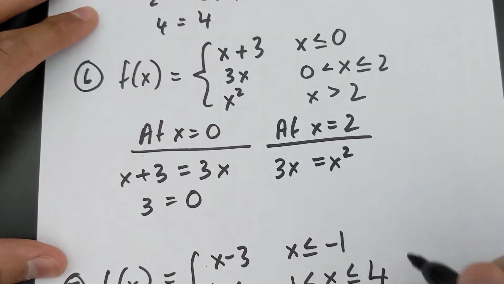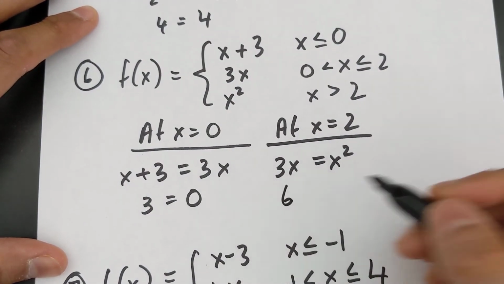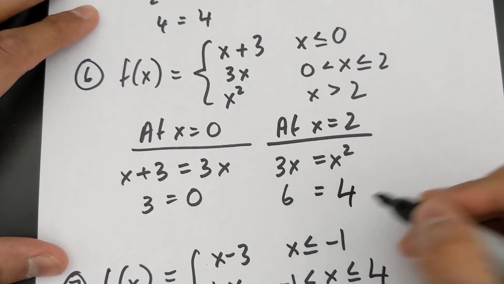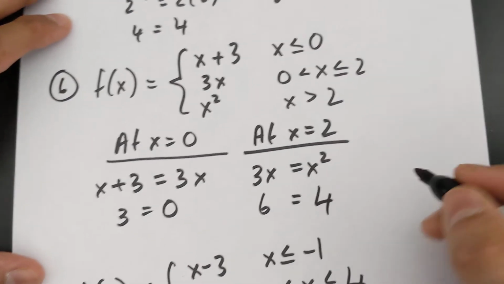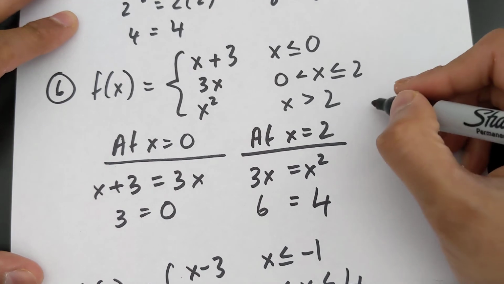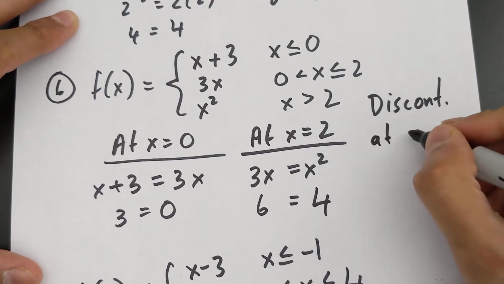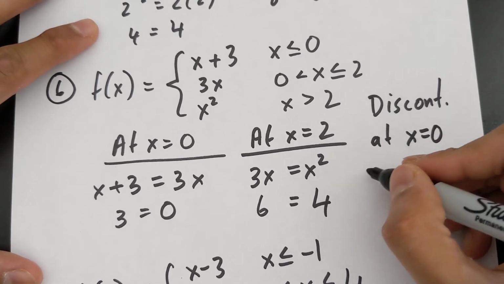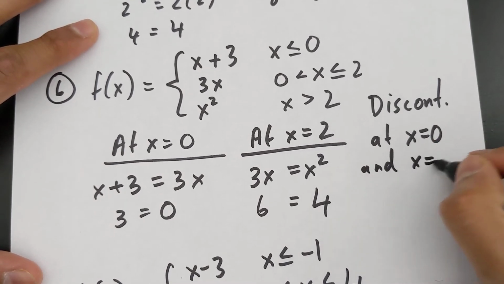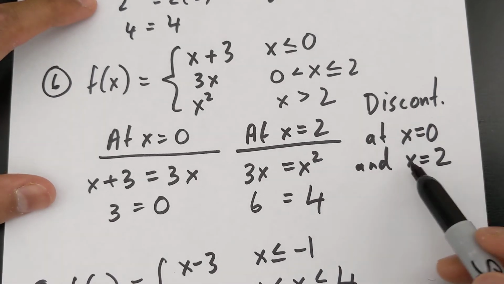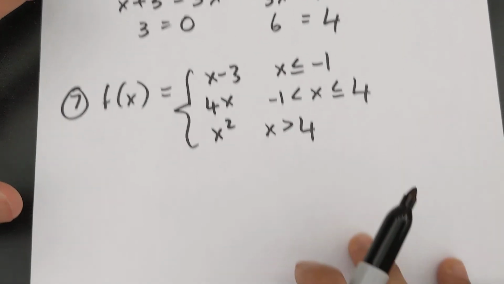I make the next 2 functions equal. 3 times 2 is 6. 2 squared is 4. That's not true again, which means that the function is discontinuous at both points. So discontinuous at x equals 0 and x equals 2. The function is continuous everywhere else, but discontinuous at those 2 points.